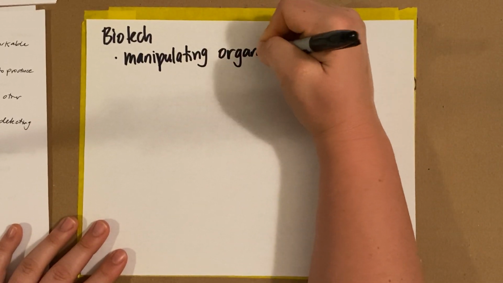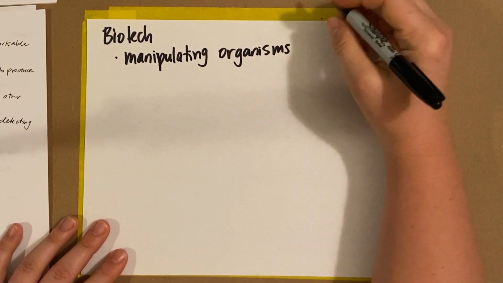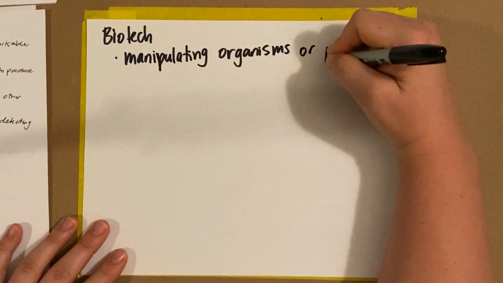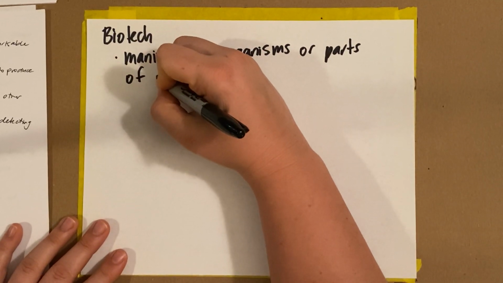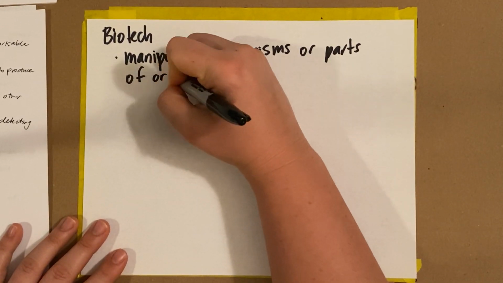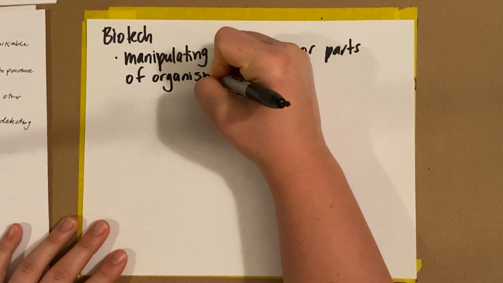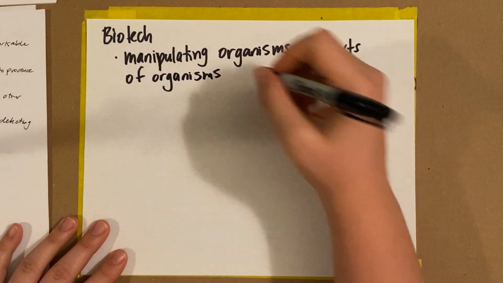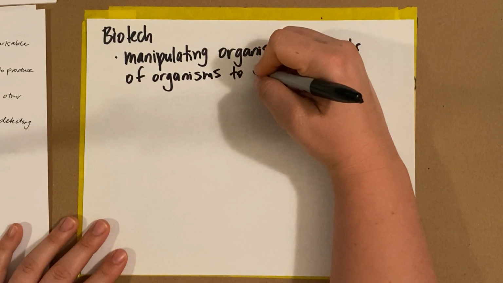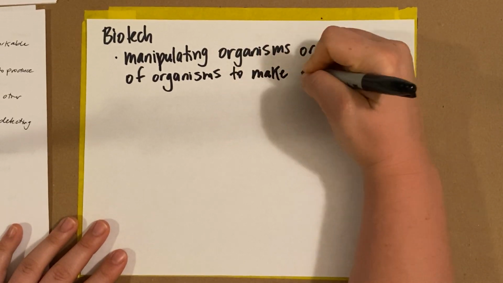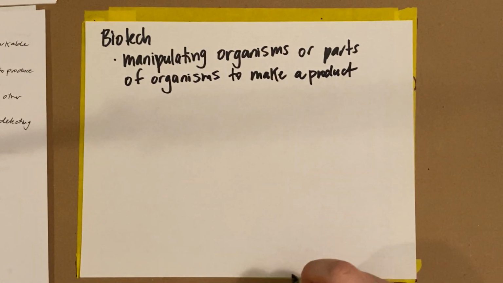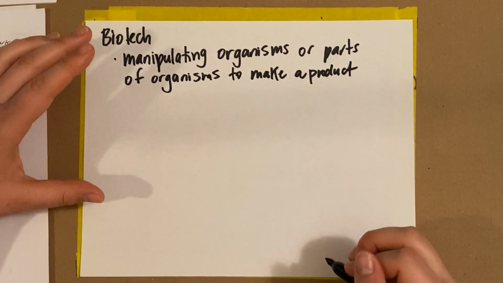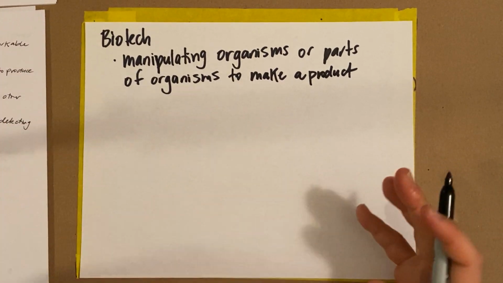Okay, so when we're doing biotechnology, what's happening is that you're manipulating organisms or parts of organisms to make some type of product. So one of the things we're going to talk about is using bacteria to make insulin today.